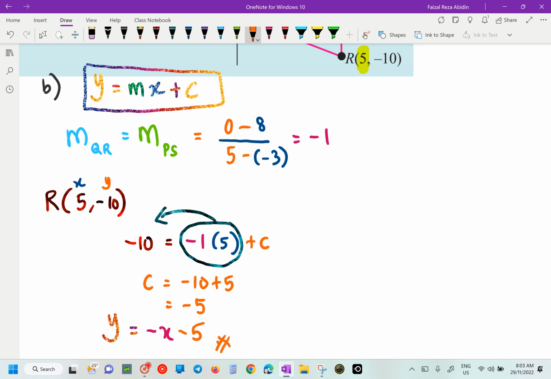This is going to be our equation for QR. The equation of straight line QR is y equals negative x minus 5.